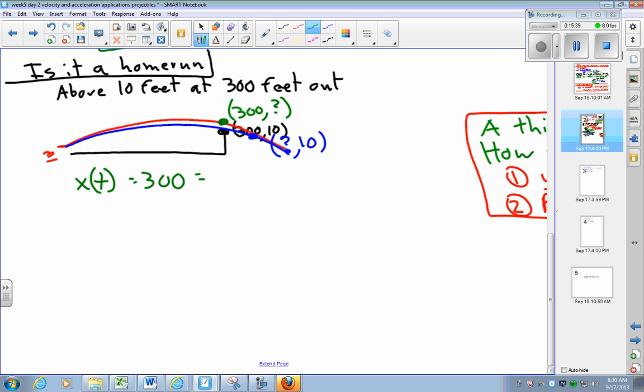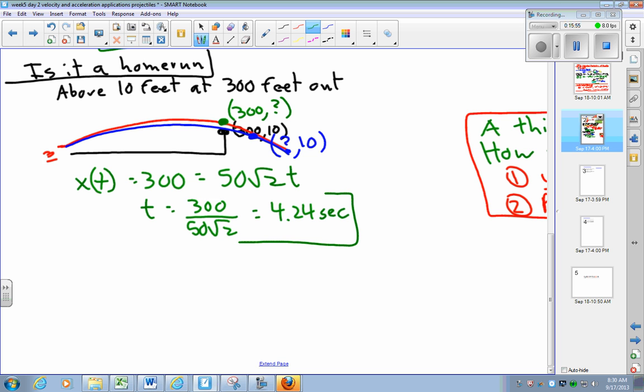Which is, when is 50 square roots of 2 times t equal to 300? And that is t equals 300 over 50 square roots of 2, which on my calculator was 4.24 seconds. Okay? So it took my ball 4.24 seconds to reach the fence.